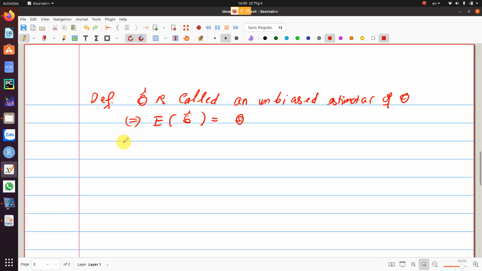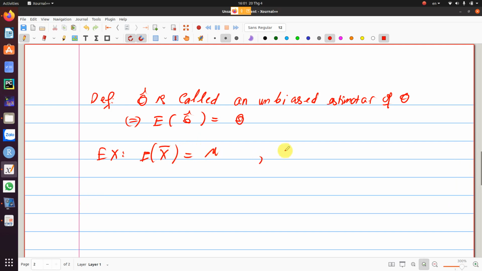For example, we have seen the unbiased estimator many times. We always consider X bar as the point estimate of the population mean mu, because E of X bar, the mean of X bar, always equals mu.